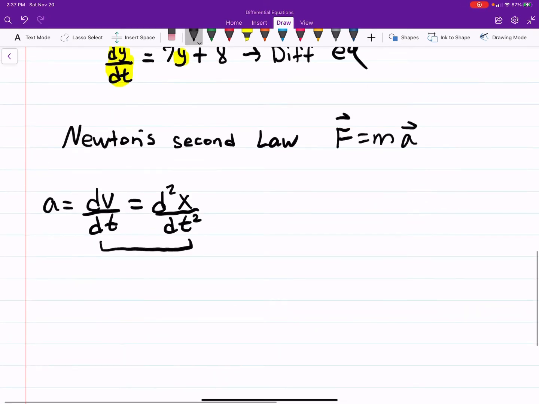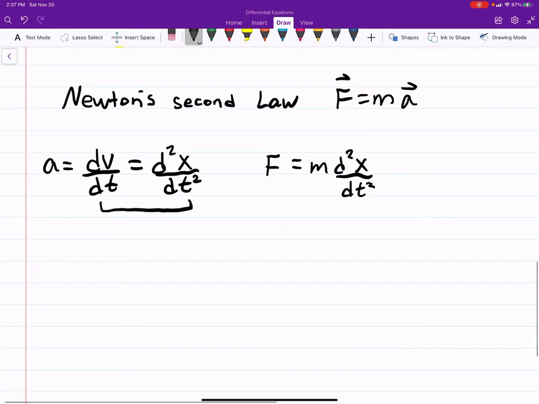Okay, sorry about that. So we can think of the force F as being equal to mass times the second derivative of position with respect to time. We can start with an easy case that you probably know how to solve, which is just a body in free fall.